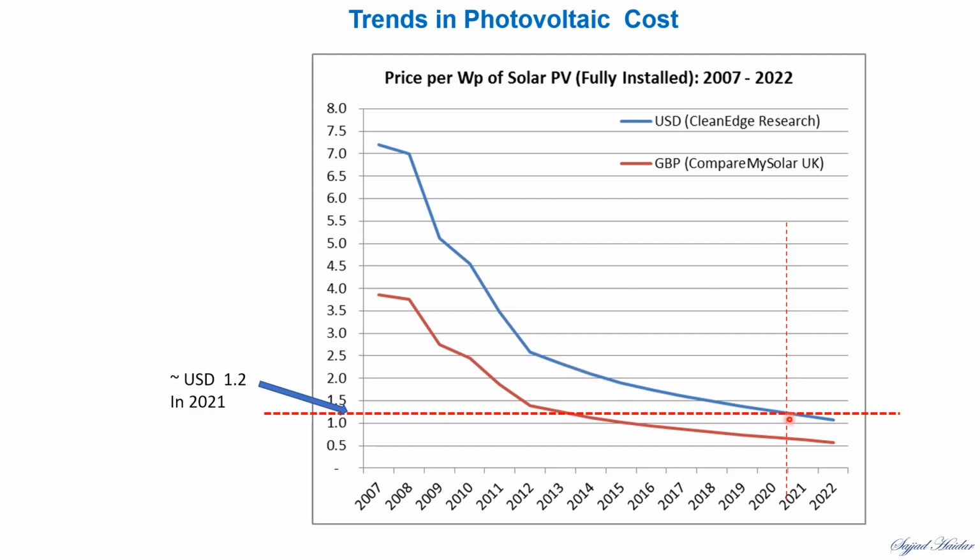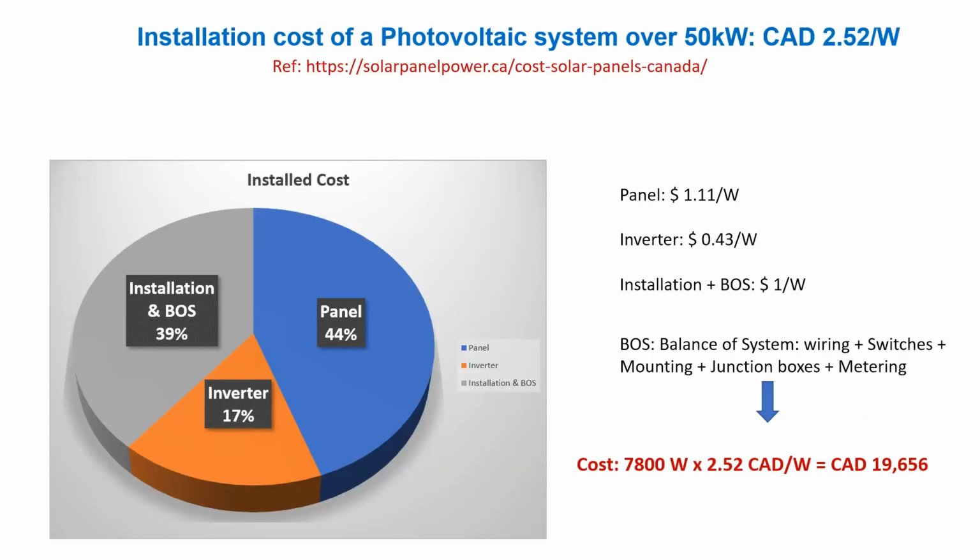In 2021, it was around USD $1.2 per watt in the international market. The installation cost of a photovoltaic system in BC over 50 kilowatt is $2.52 per watt. You can find this information in this place.